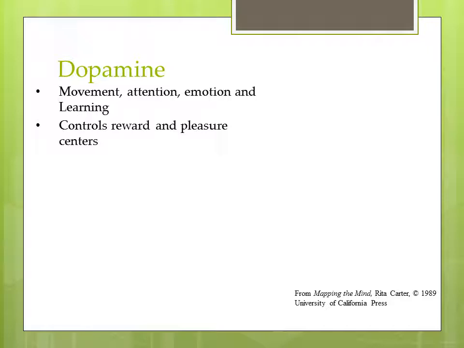Another neurotransmitter is dopamine. Dopamine is responsible for movement, attention, emotion, and learning. It's often known for controlling our reward and pleasure centers in our brain. Lacking this neurotransmitter could lead to tremors, which can lead to Parkinson's. So if you're lacking it, your body is starved of it.